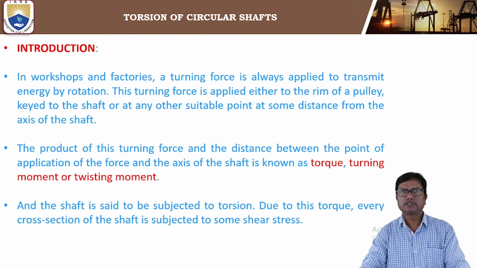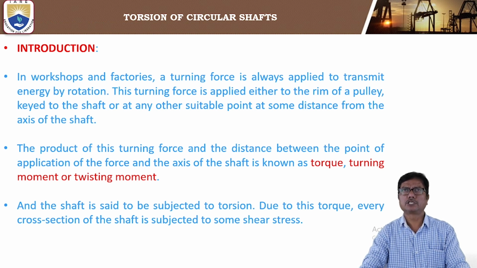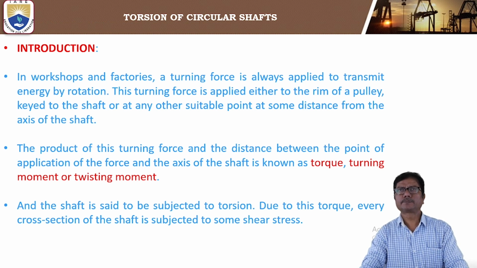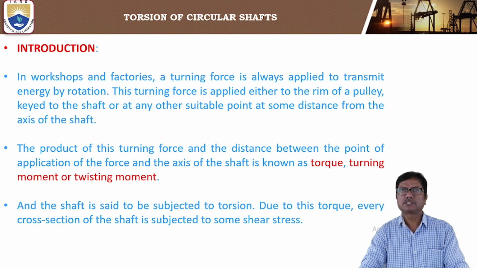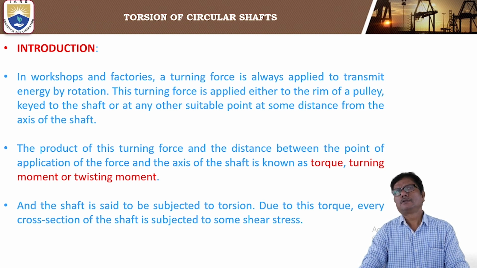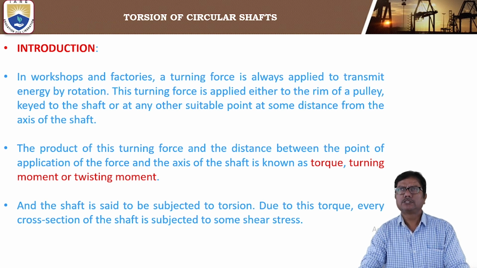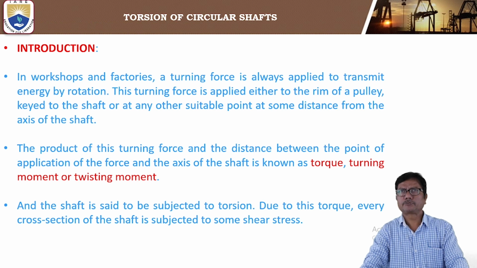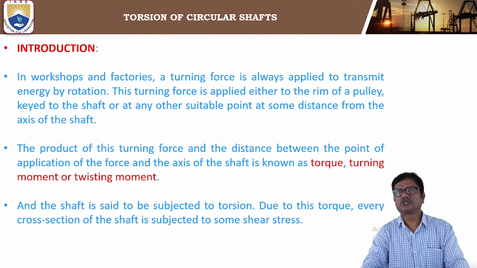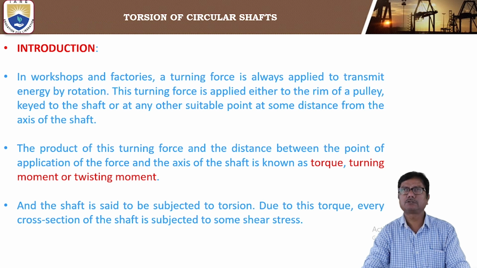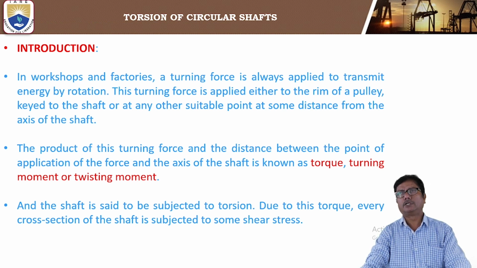Generally we'll see these shafts in workshops and factories, in which the shafts are adopted for transmission of energy. The turning force is applied to transmit energy by rotation, and this force is applied either to the rim of a pulley keyed to the shaft or at any other suitable point.